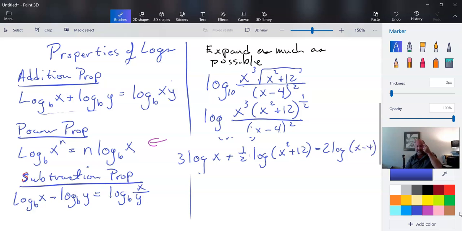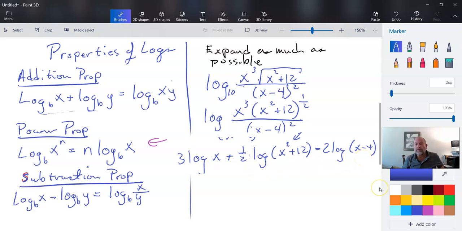Make sure if you have a sum or a difference inside the log, you put parentheses around those, because otherwise it looks like you're adding 12 to the log of x squared or something like that. And that's not what you do. And this exponent also can't be moved because it's locked up in a sum, right? It would have to be the exponent of an entire factor, not just one of the add-ins in a sum. Okay, so this would actually be the way to break this one apart.